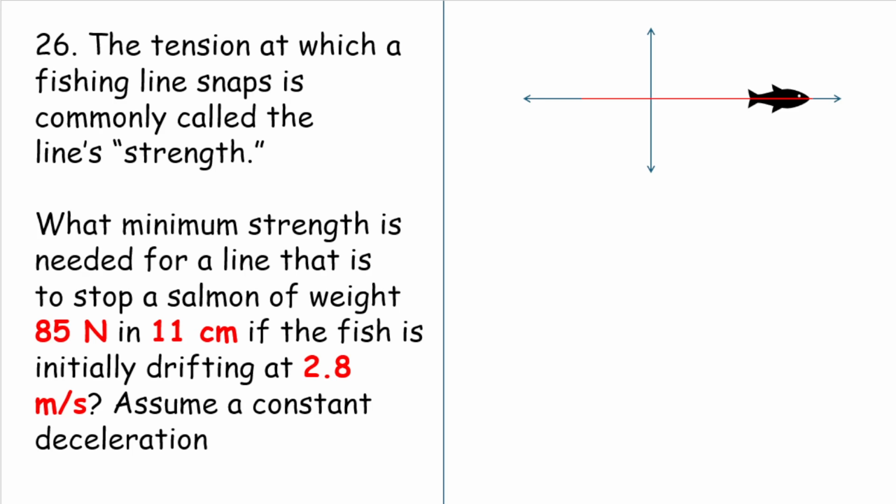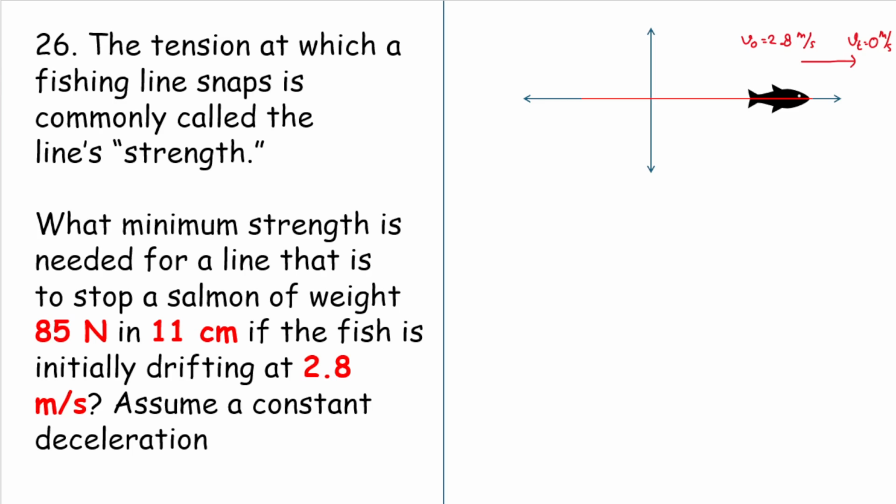Okay, so let's draw what we know here. The fish has the initial velocity, V0, of 2.8 meters per second, and it's drifting there. Finally, it is stopped by the fishing line, so Vt is equal to 0 meters per second.